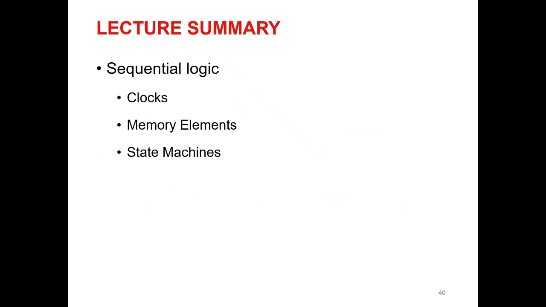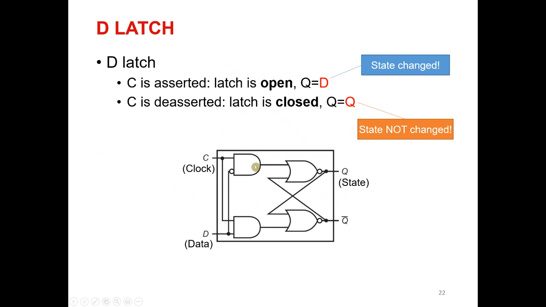People are getting confused about when the D latch is asserted or deasserted, so when the signal changes. If you see this logic here, you know how to create the truth table for this. The truth table will have 2 inputs, C and D, and 2 outputs. Well, in this case it will be only 1 output, because the second output is the first output inverted.